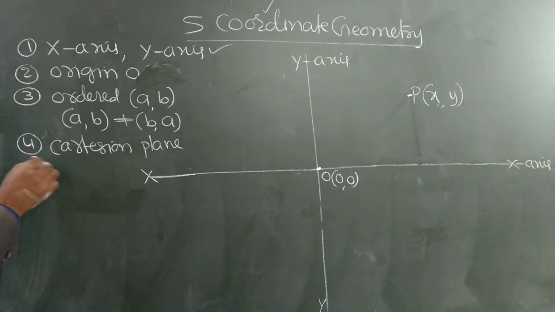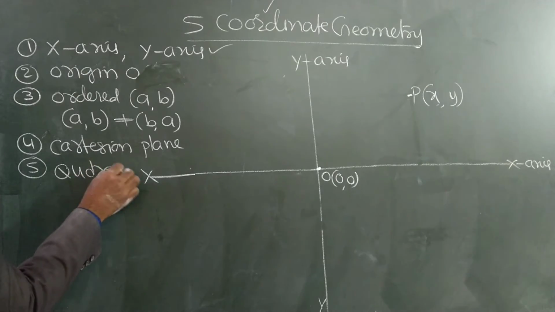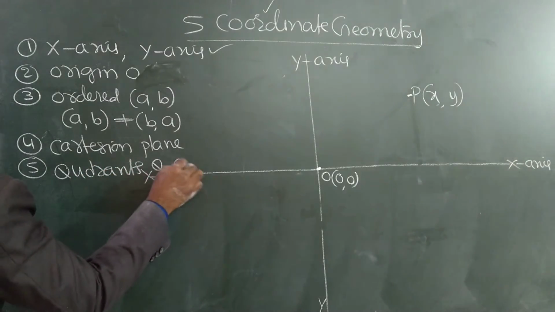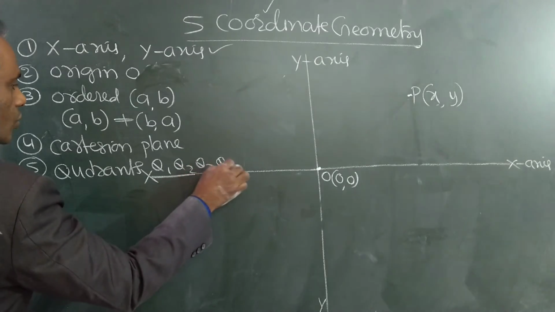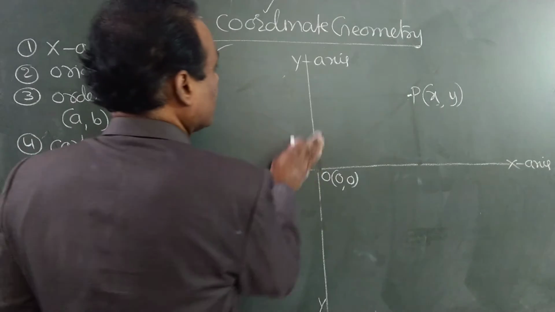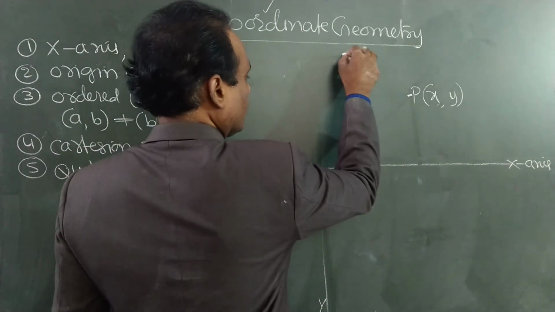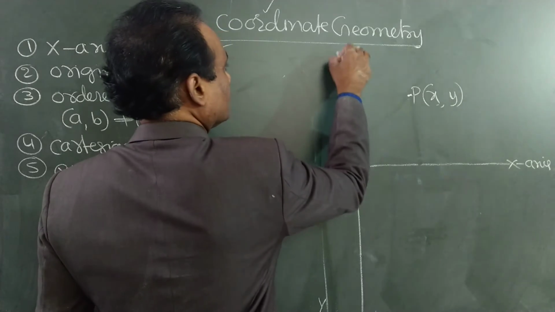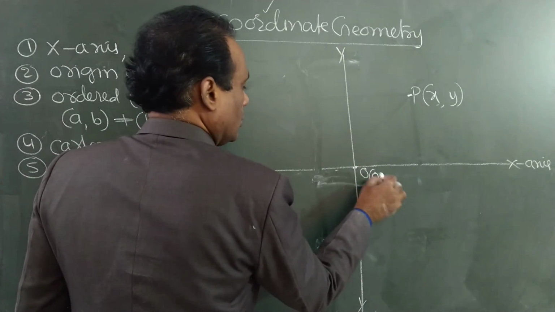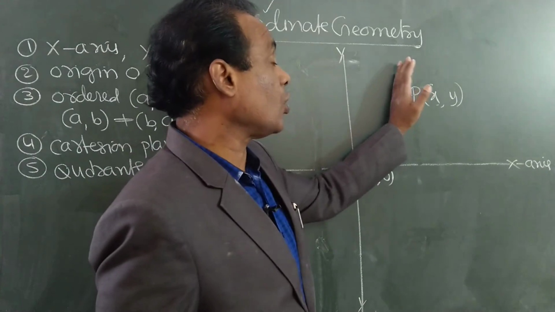Next, I explained about quadrants, that is Q1, Q2, Q3, Q4. Four quadrants I explained. So what are the quadrants? If we draw two reference lines, this plane is divided into how many parts?